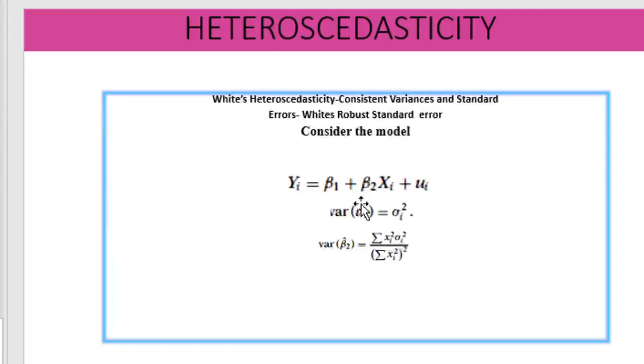Consider the model y equals beta 1 plus beta 2 xi plus ui, with variance of ui equal to sigma i square, that is heteroscedastic variance. The variance of beta 2 cap equals sigma xi square sigma i square divided by sigma xi square the whole square.